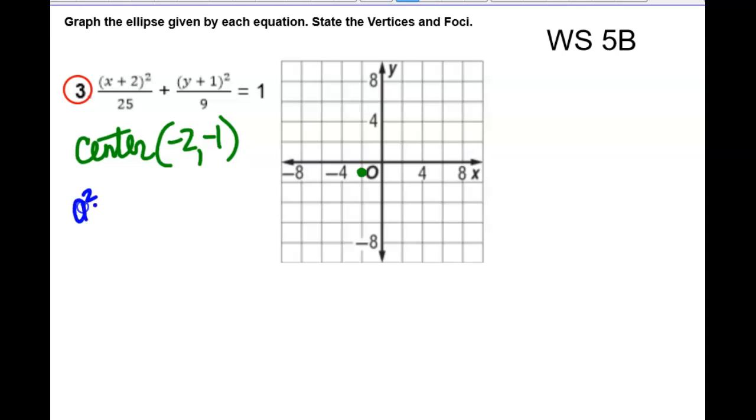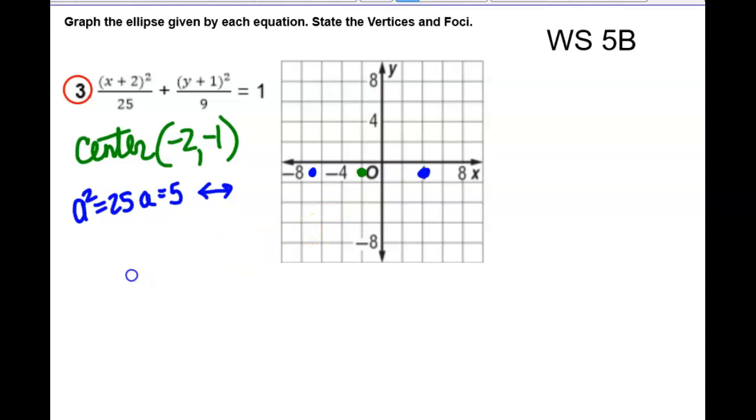A squared is 25, so A is 5, which means we go 5 in what direction? It's under the x, so it goes left and right 5 each way. So 2, 4, 5, 2, 4, 5.